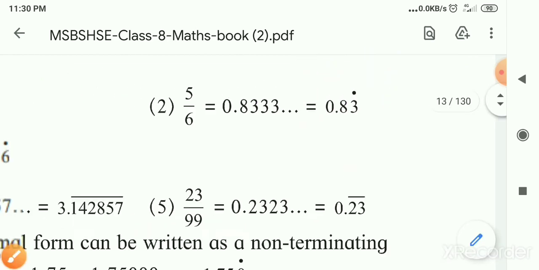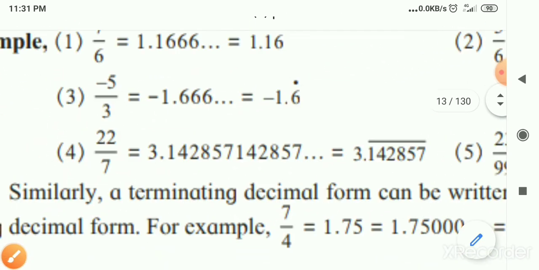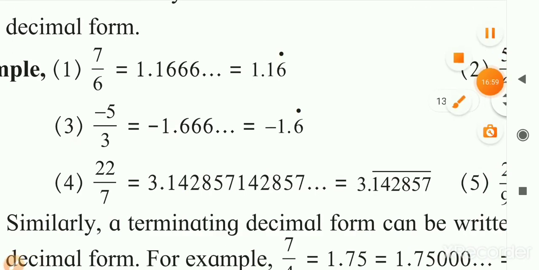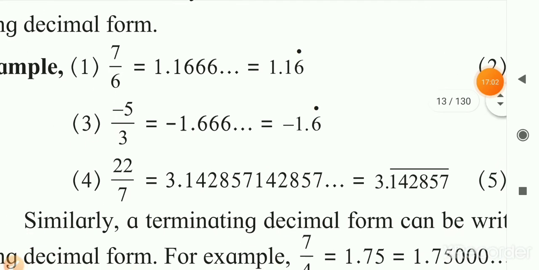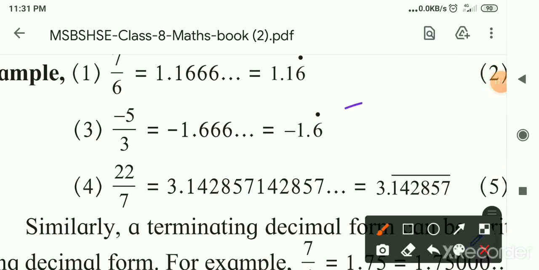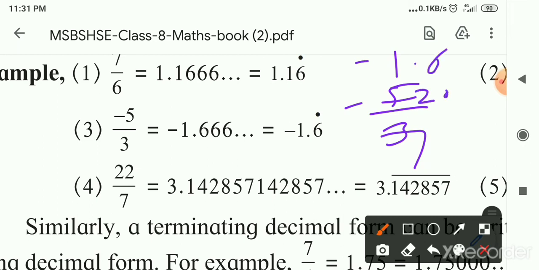Okay, next, if you divide minus 5 with 3, you will get 3 1s are 3, that is negative only in the answer, remains 2, 0 taken. Then 3 6s are 18, remains 2, 0 taken.